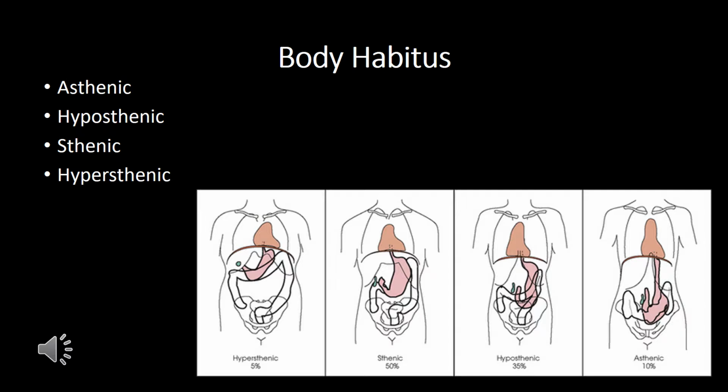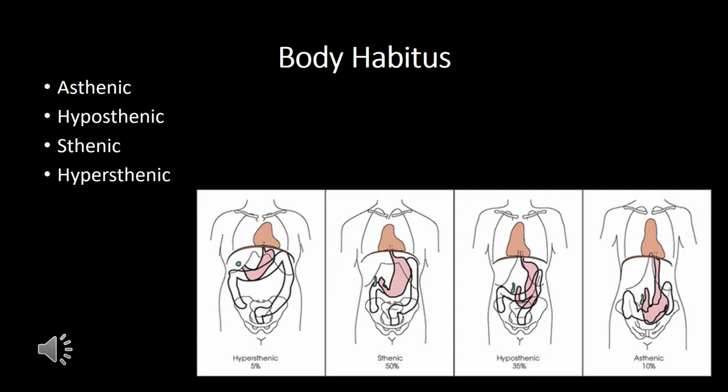So various body habituses will actually affect the size and position and location of some of the body's organs. So it's never going to change drastically, but it is going to slightly change the position, as you can clearly see with the stomach in these images.